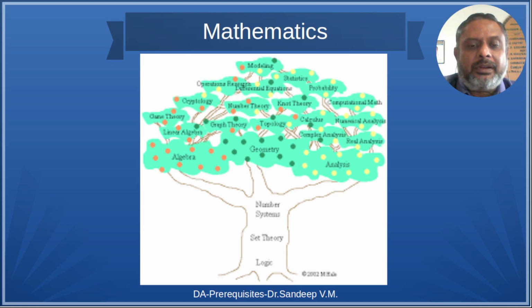At the bottom, we have logic, then set theory, then number systems, then algebra, geometry, analysis, linear algebra, graph theory, topology. So one is connected to another. There are so many branches and sub branches. We need to look at each one in detail, and then see how they are useful for our data science, machine learning, and artificial intelligence world.